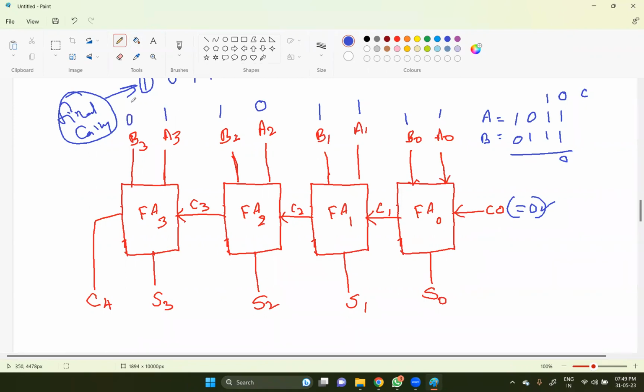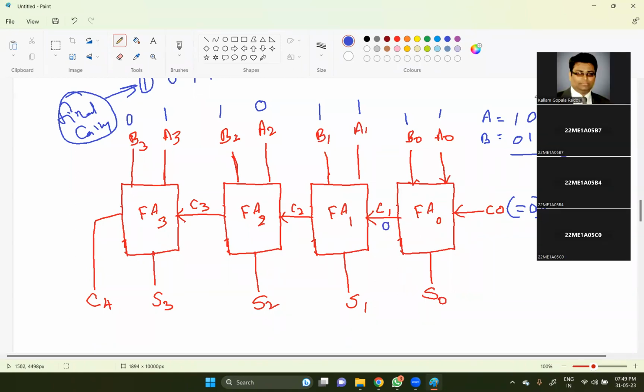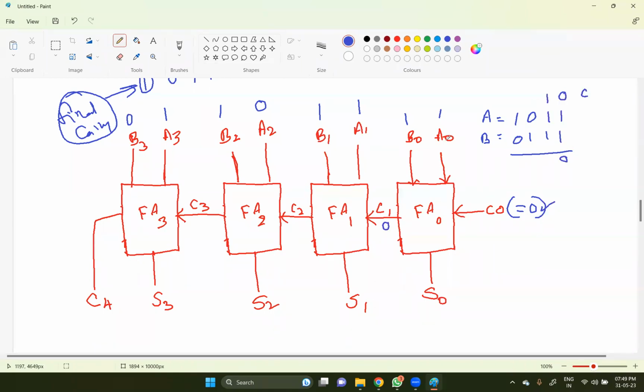Let us execute this one for a while. So 1 plus 1, that is 0. Sorry, I wrote something wrong. So 1 plus 1 will be sum equal to 0 and the carry will be equal to 1 here.